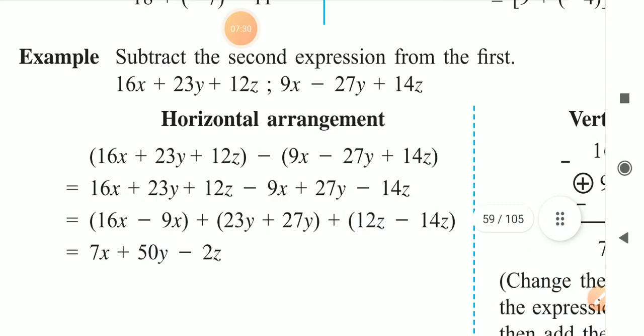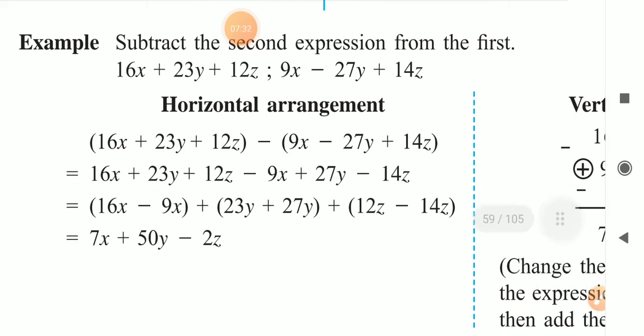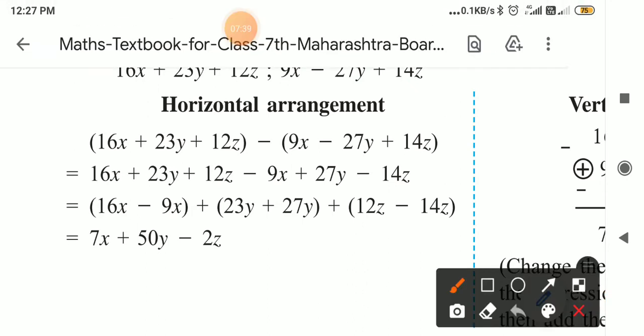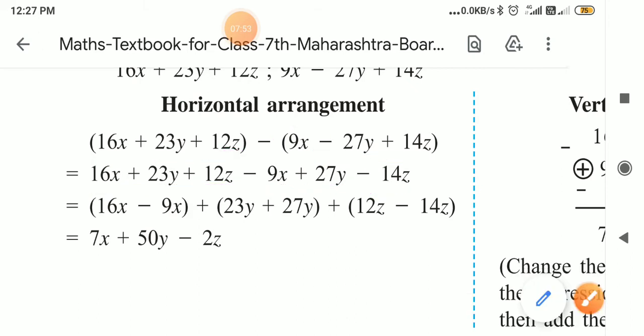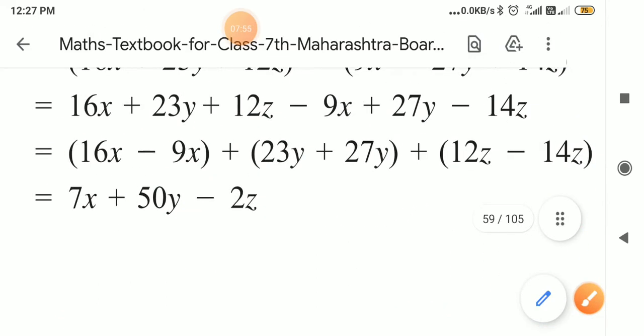Okay, in this way. Here in the question I think I took the sign differently, that's why the sign changed here. This also I will explain. The first bracket is written as it is, and the bracket is negative, so all the terms in it change their sign. 9x is positive, it becomes negative; here it is positive, it becomes negative; negative becomes positive.